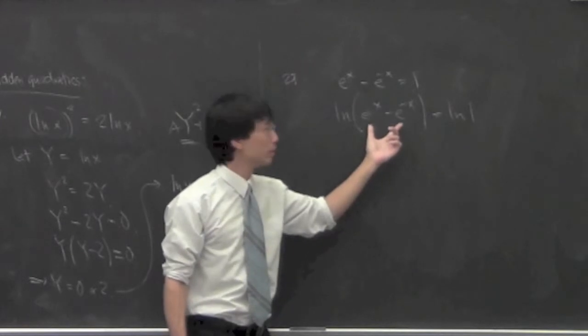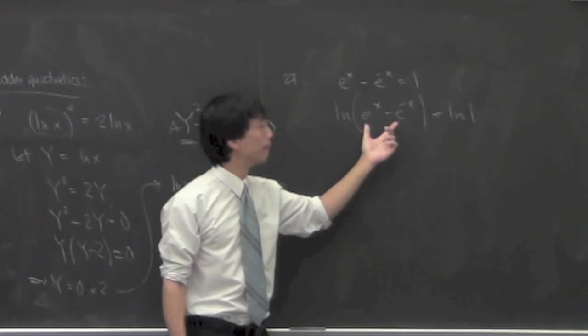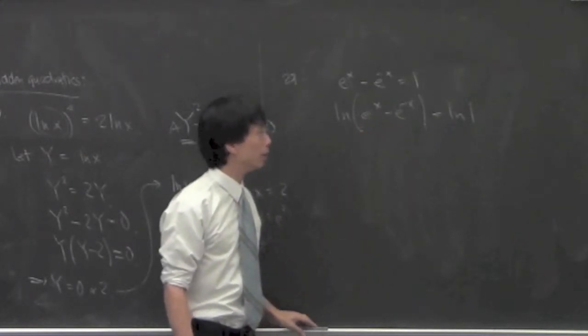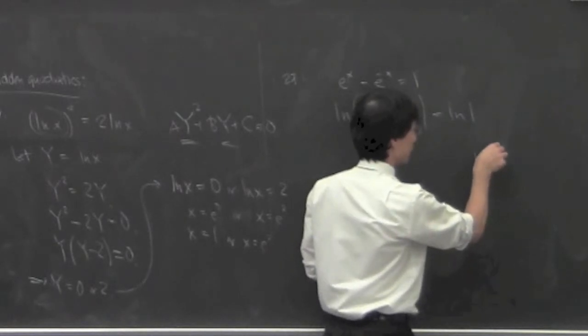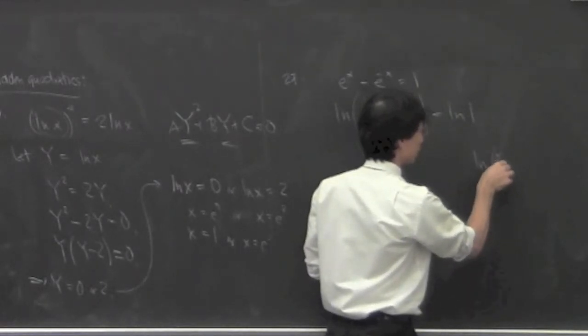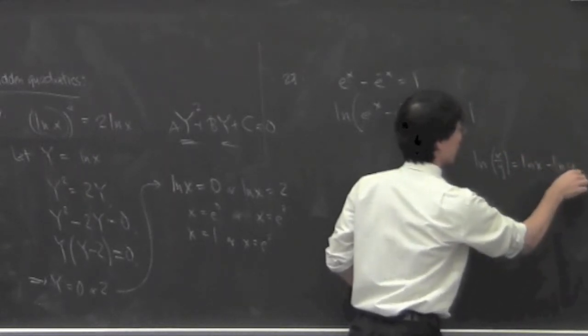But then that would be the quotient of each one. So it would be natural log of e to the x over natural log of e to the negative x. Natural log of the quotient is the difference of the natural logs, right?